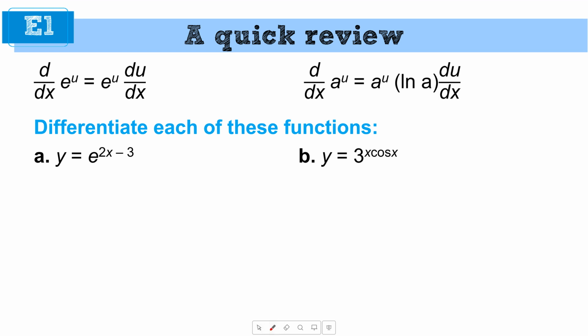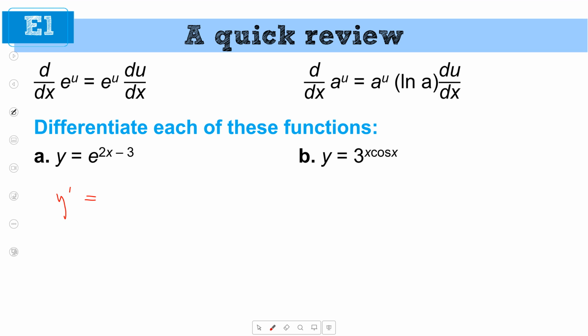What's the derivative of e to the 2x minus 3? I don't want to hear your complaining. Give it to me. I don't know how to do it. Yes, you do. It's right here. What's u? 2x minus 3.